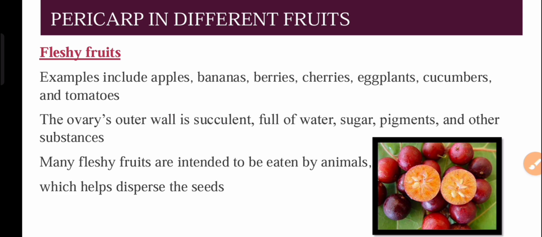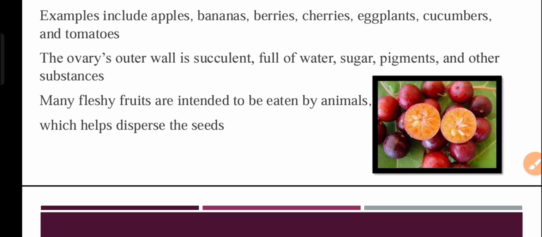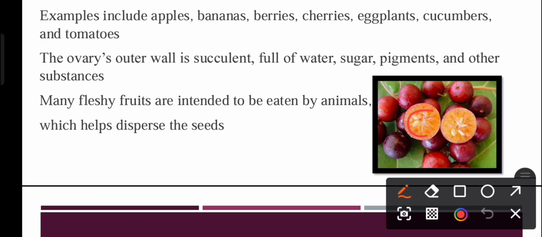Now coming to fleshy fruit. How does the pericarp look in different fruits? It may be fleshy, and in some fruits it may be dry. In fleshy fruits, for example banana, apple, and berry, the ovary outer wall is succulent or edible, fleshy, watery, sugary, pigmented, and other substances are present.